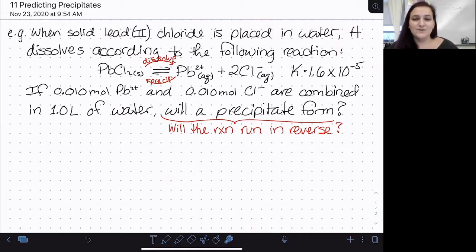So I would like you to take a couple minutes and try and figure out how to approach this problem. What do we usually use to figure out which direction a reaction wants to go?